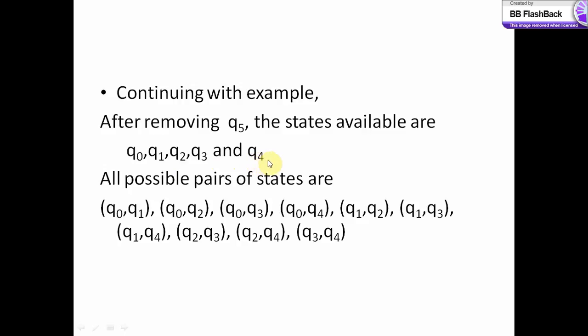Now with these 5 states, the possible pairs that can be made are the following: Q0,Q1; Q0,Q2; Q0,Q3; Q0,Q4; and then again Q1,Q2; Q1,Q3; Q1,Q4; and again Q2,Q3; Q2,Q4; then Q3,Q4. So these are the possible pairs of states that can be formed out of these states.